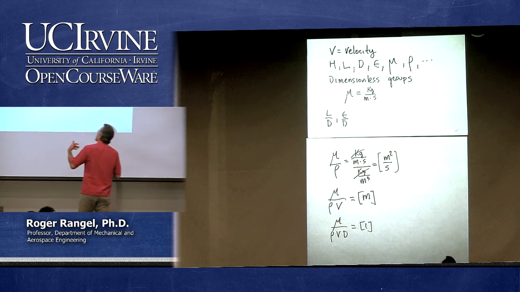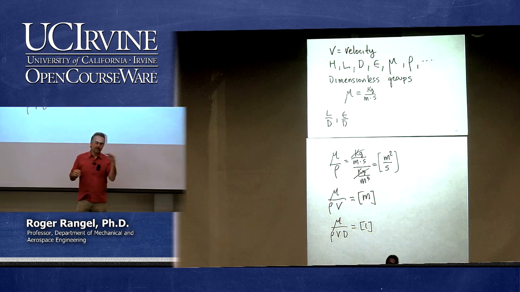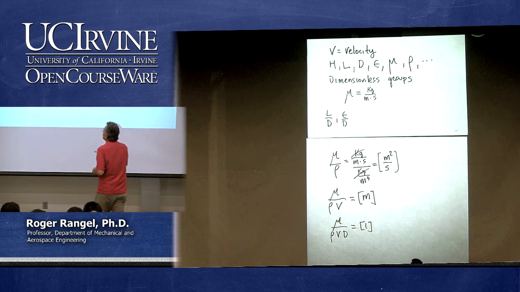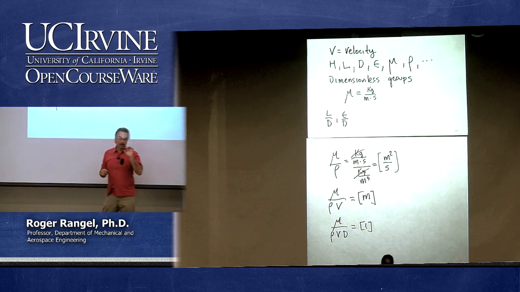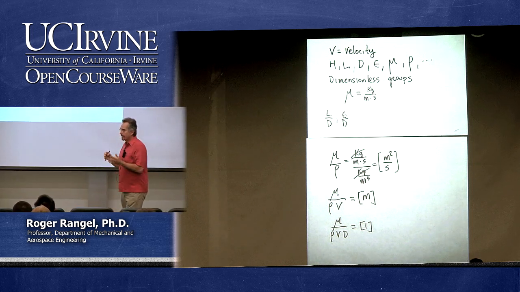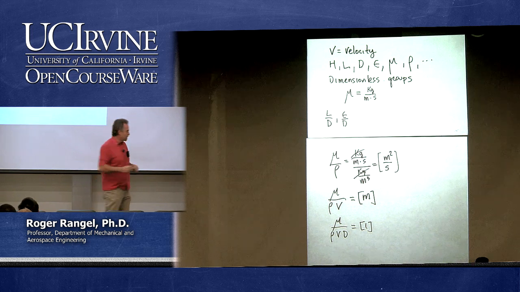So for example, if I divide the diameter in half, but at the same time I double the velocity, this quantity doesn't change. And the idea is that maybe the flow characteristics will not change.